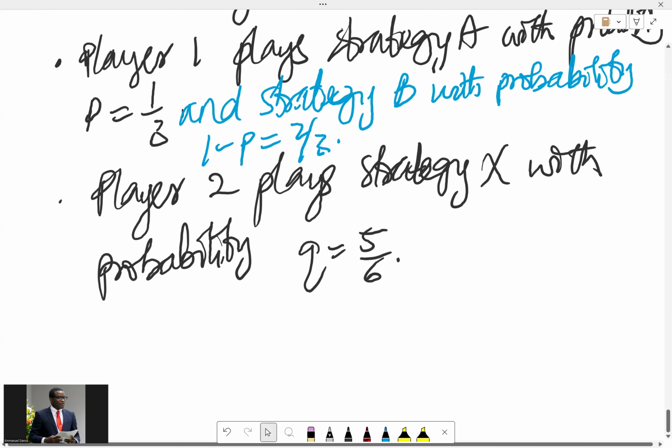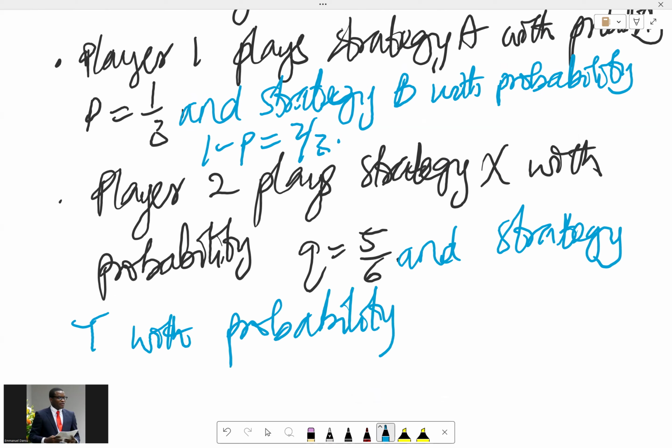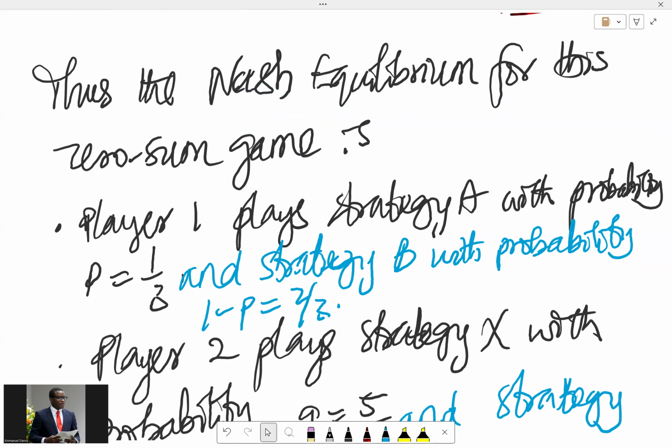Then player 2 plays strategy X with probability Q equals 5 over 6, and strategy Y with probability 1 minus Q equals 1 over 6. And that is how that goes.